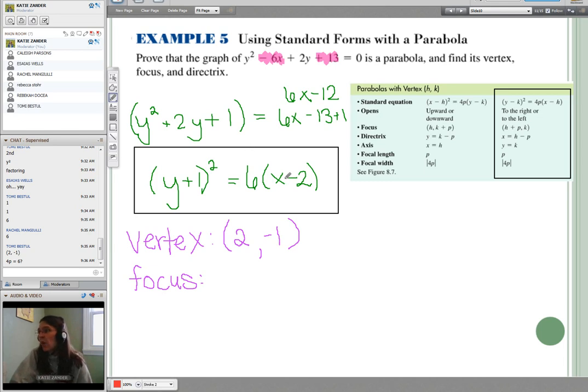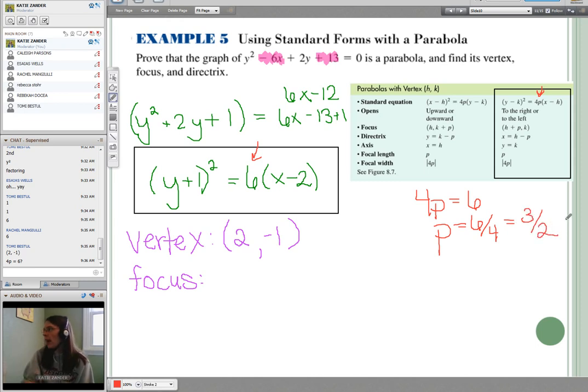Yeah, that's exactly what we're going to do. We're going to take that 4p in our equation and set it equal to whatever the value is out there, which is our 6. So I would divide both sides by 4, and I probably would reduce that to 3/2 as well.